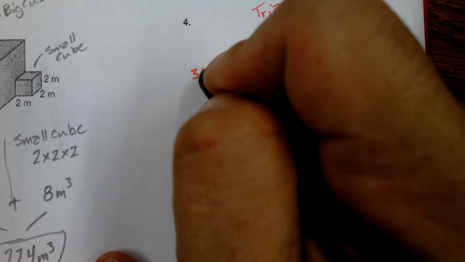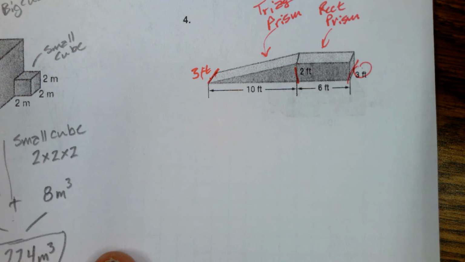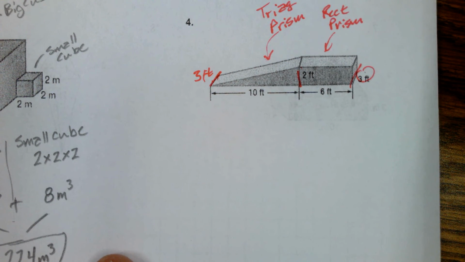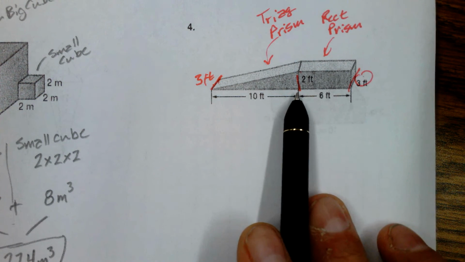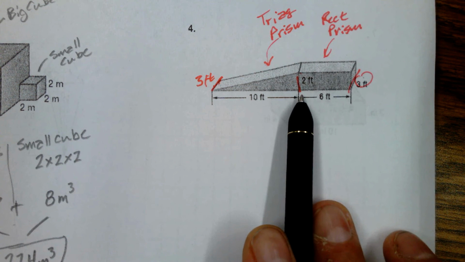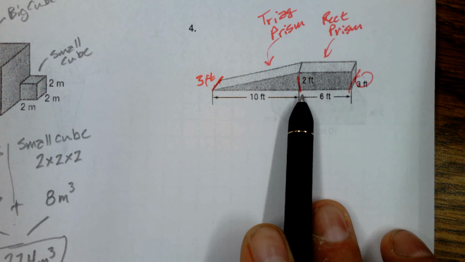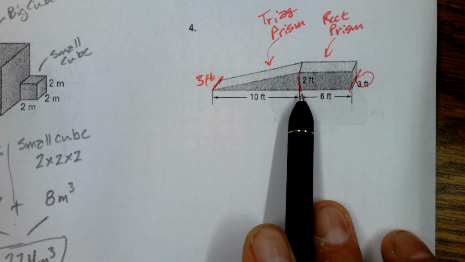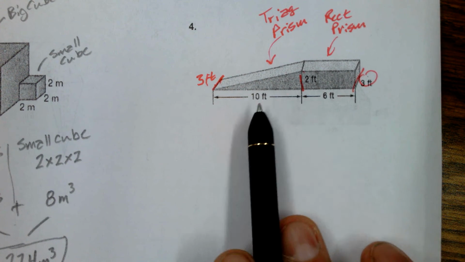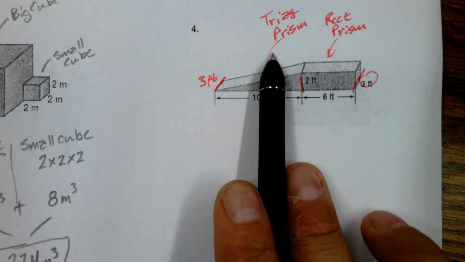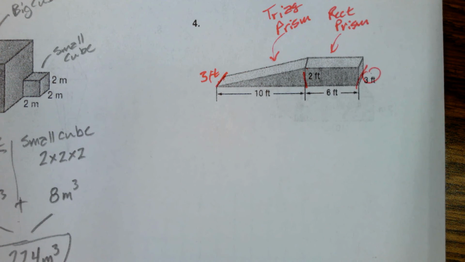You got to get comfortable transferring those units. So to find the triangular prism, you would multiply. Remember, it's triangular, so do I have to use 0.5? Yep, I sure do. So 0.5 times 2 times 10 times 3, that would give us this volume. And then you add them together.